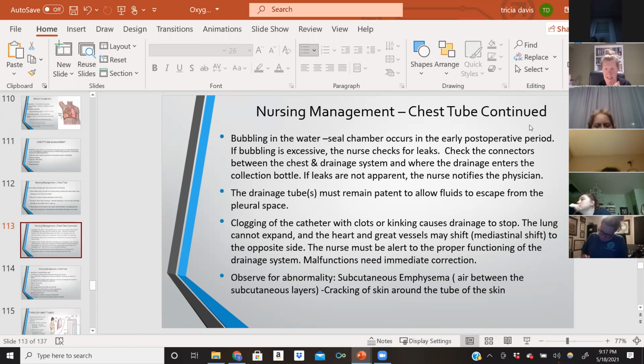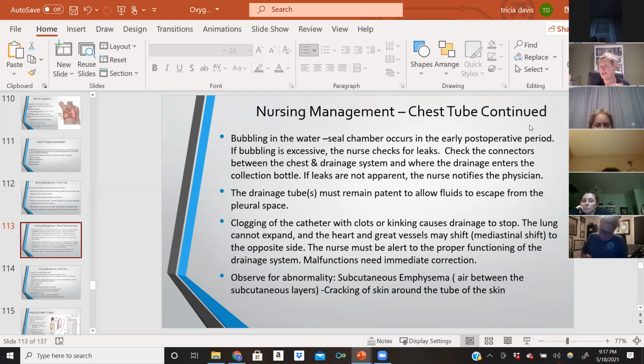If there's no apparent leaks, this is an emergency and you need to notify the doctor right away. That means there's some kind of air somewhere that we don't want. So if you see bubbling in that chest tube, you're going to check for leaks. If you don't find any leaks, you're going to notify the physician. You need to know that.